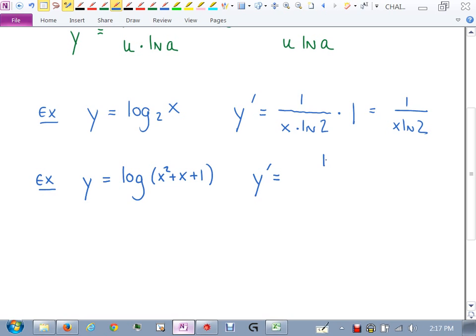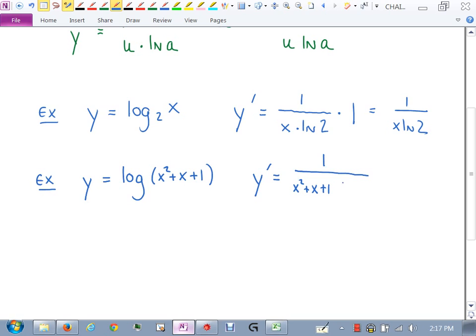So my derivative should be 1 over that u, x squared plus x plus 1. But then times what? Natural log of, if it's not written there, it's a 10, right? It's a 10. So you have to remember that.